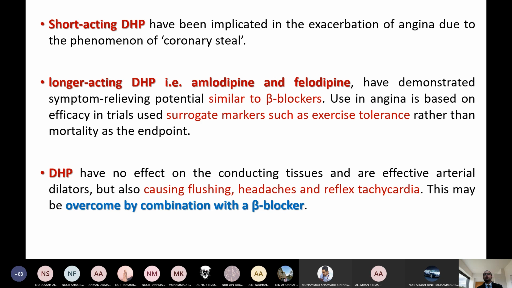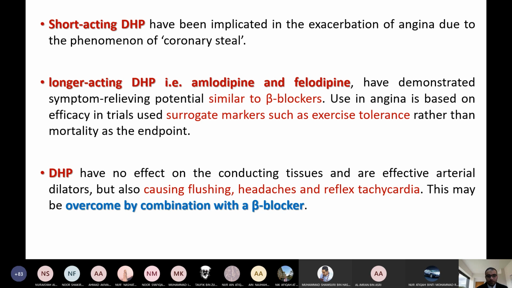But we have to understand that this symptom relief has been reported from clinical trials, which used the ability of the patient to exercise, to have the same exercise tolerance, as the marker, as the endpoint. We call it a surrogate marker, meaning an intermediate endpoint for the trial. Of course, the final endpoint is the symptom itself or the mortality. So the surrogate endpoint usually is not that strong, but it shows some symptomatic relief that we need to understand.